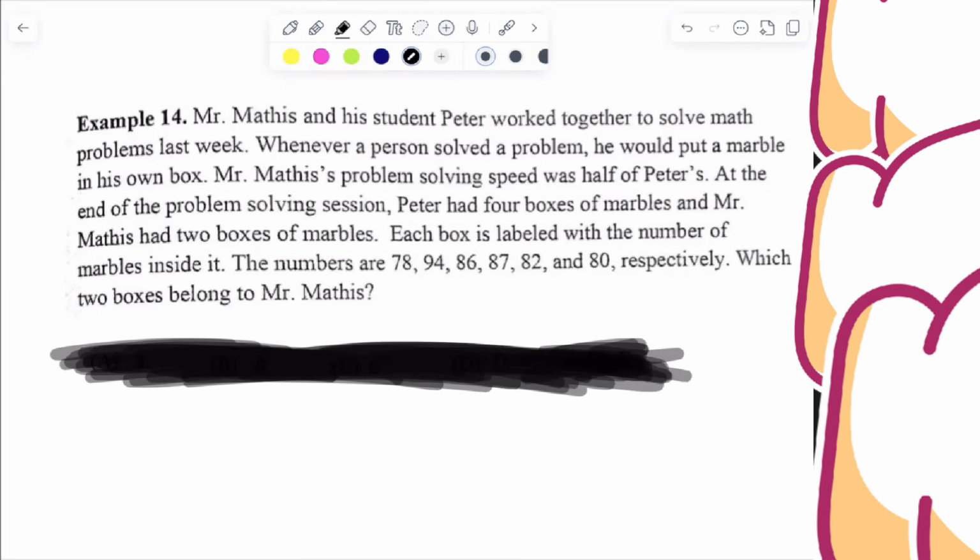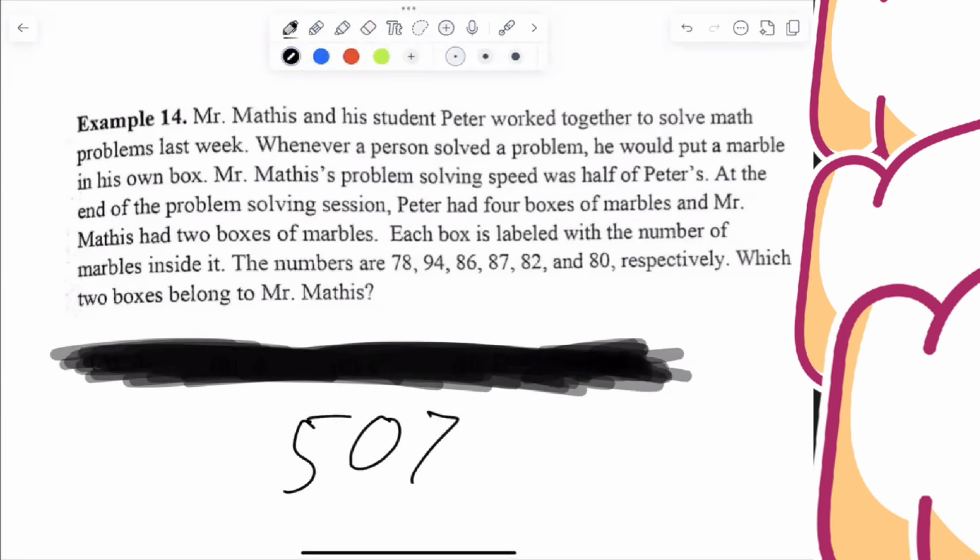So how are we solving? The total number of marbles in every single box, I'll write it down. Oops, I'm still on highlighter. 507. And since Peter's speed is twice as much as Mathis's speed, Peter has twice as much. Assume Peter has 2x and Mathis has x, to just get the sum. 2y plus y is 507.